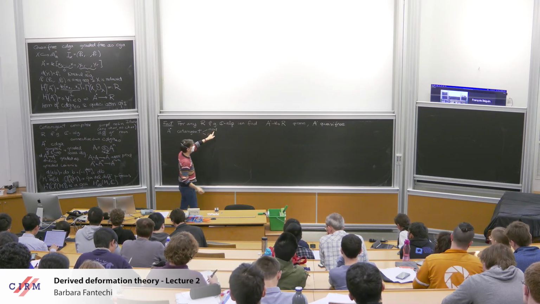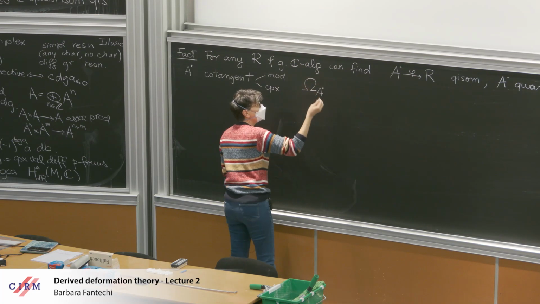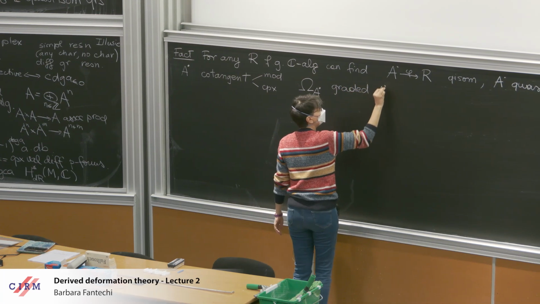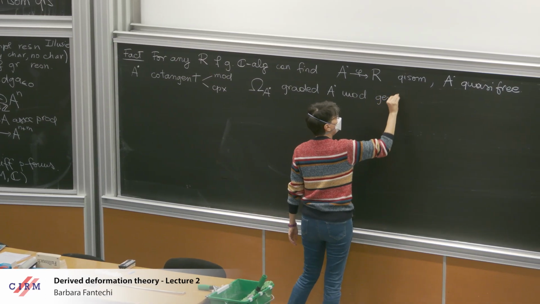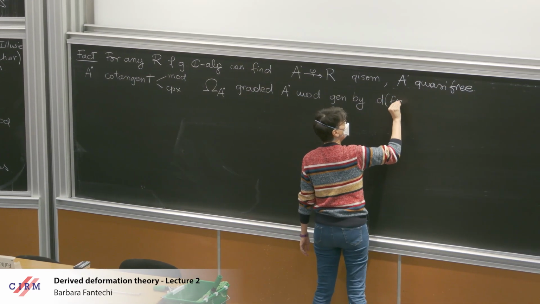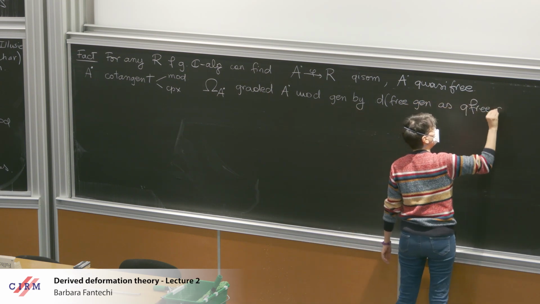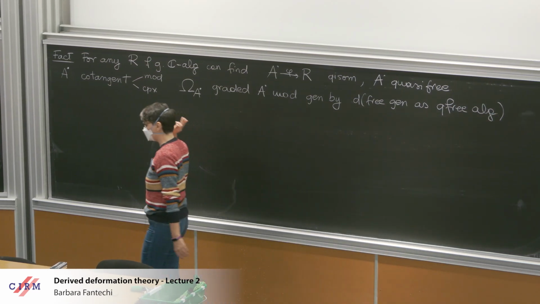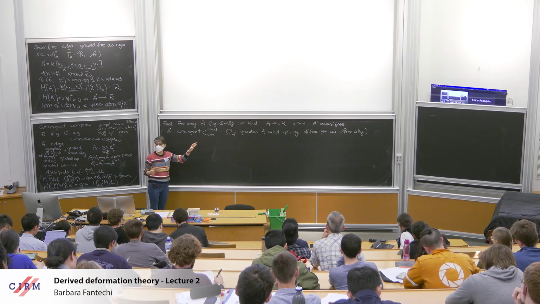So as a module, let me call it just omega, and this is just a graded A dot module generated by the differential of the free generators as a quasi-free algebra. So this means that as a graded module, it's just free with generators in different degrees.